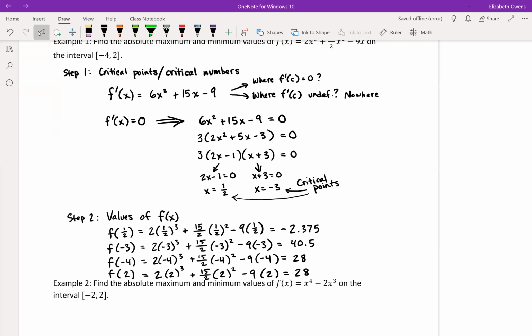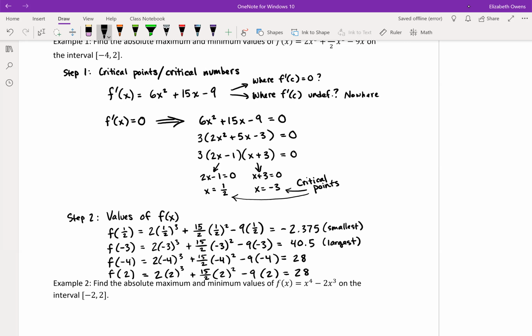So we can see pretty clearly now that we've got the y values all laid out for us. The largest y value is that 40.5, f of -3 there. And then the smallest is this negative value, -2.375. So that's going to be our minimum.